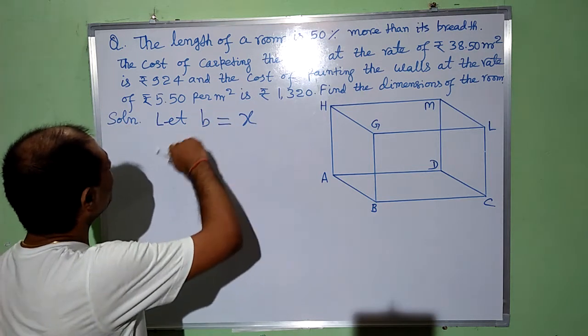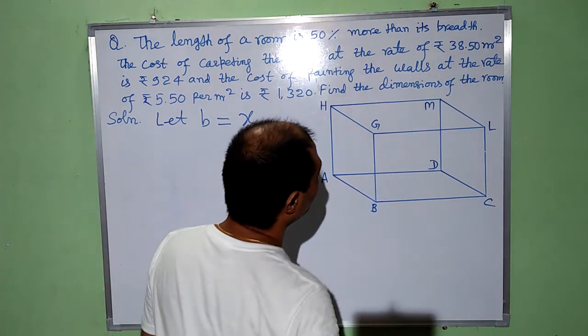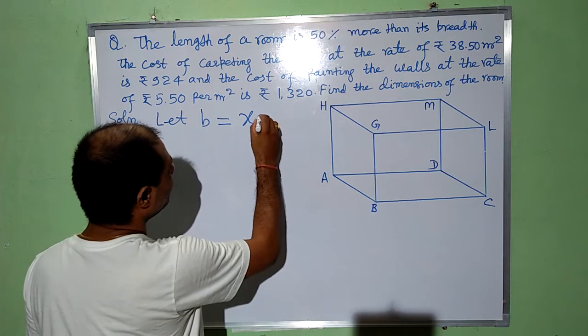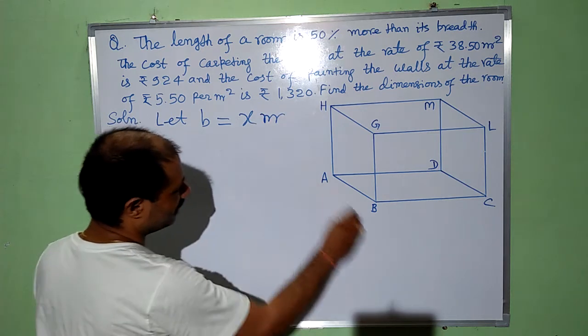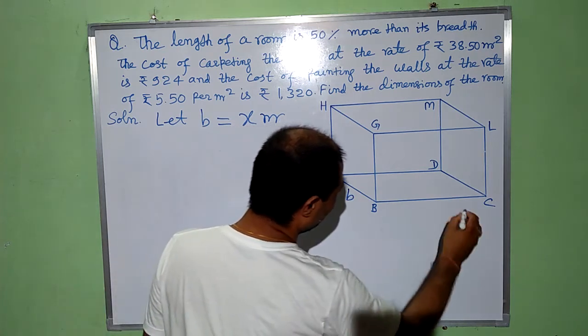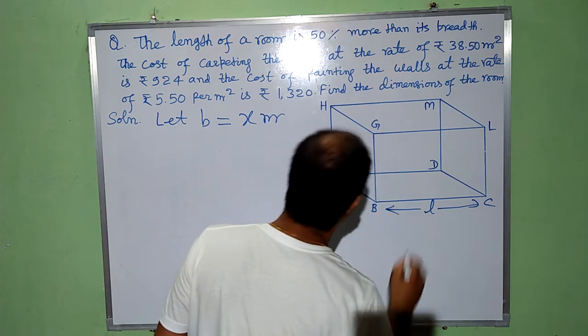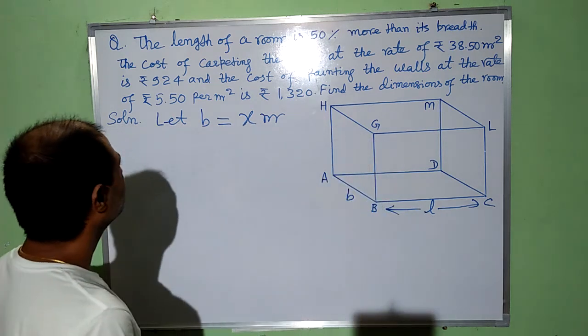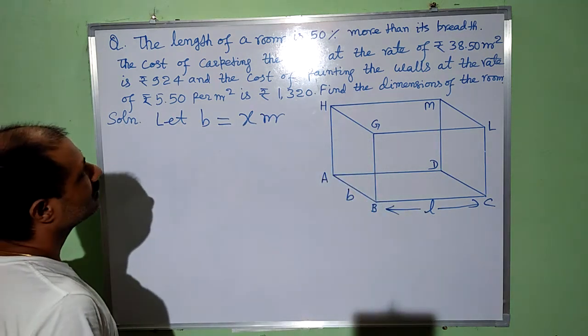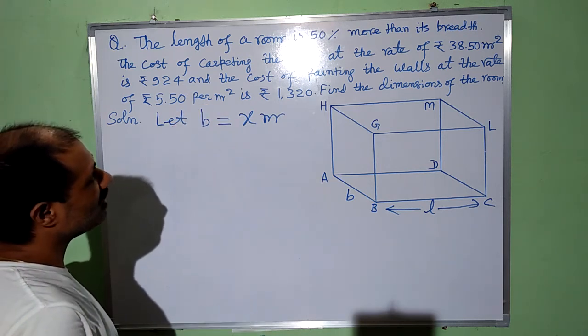Since all units are given in meter square, here also it is in meter. AB is B, BC is L. The length of a room is 50% more than its breadth.